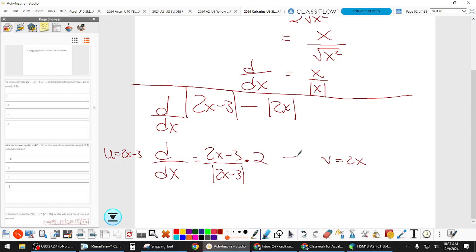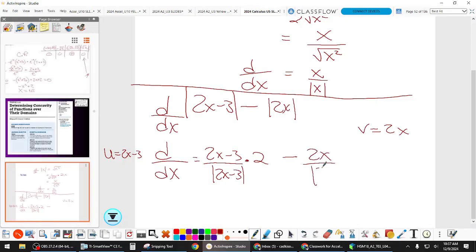Okay? And then minus, and then scoot that over. How about this one? 2x over absolute value of 2x, also times 2. Anyway, this would be worth memorizing, and then just know that it represents something you could use U substitution with and the chain rule.